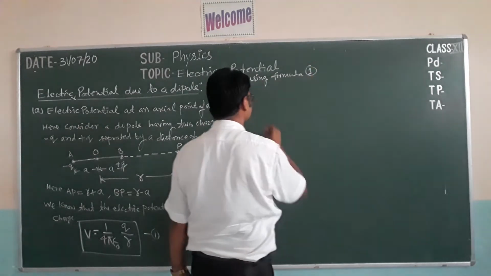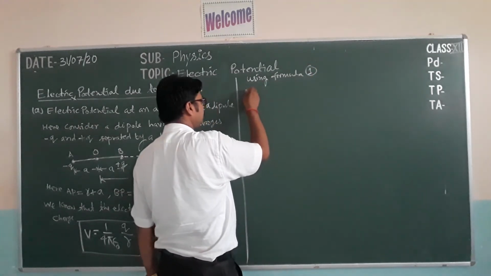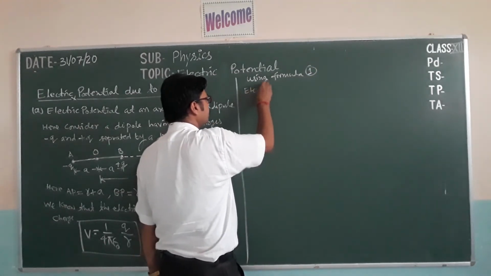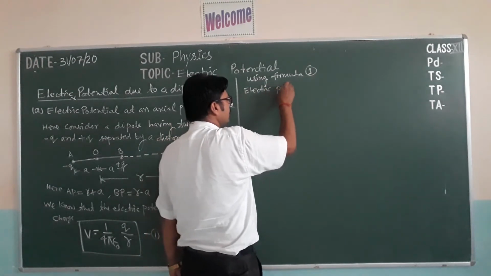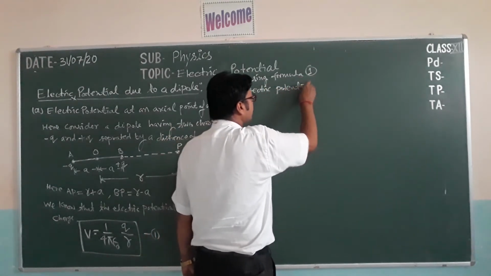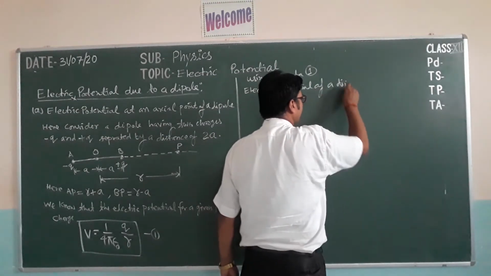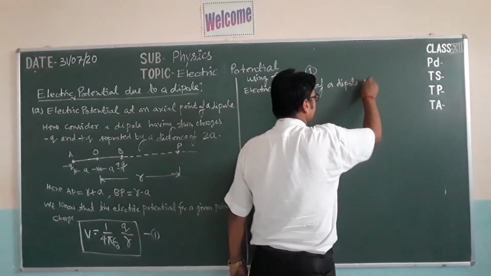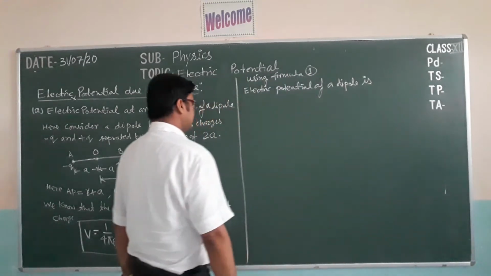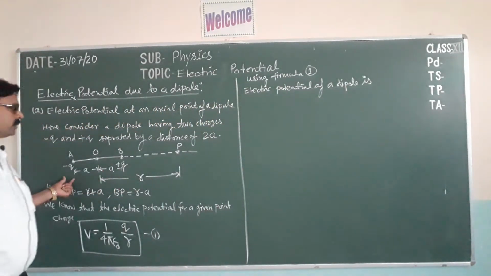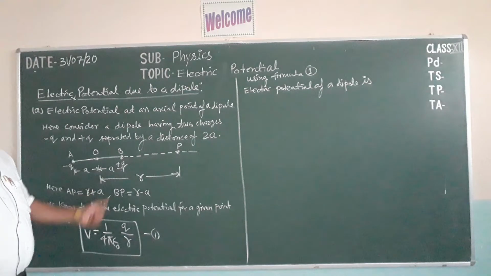the electric potential of a dipole is as follows. A dipole has two types of charges, minus q and plus q.